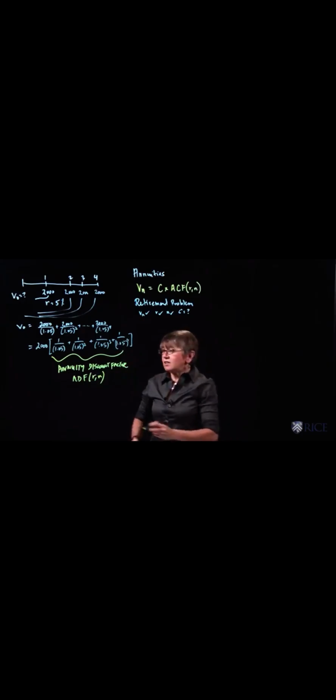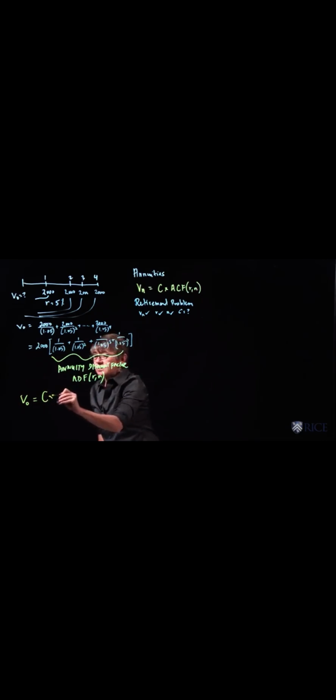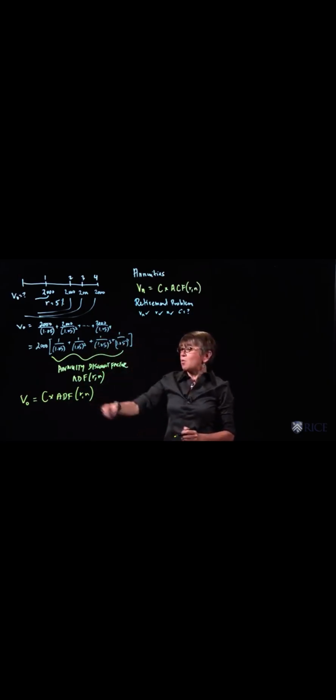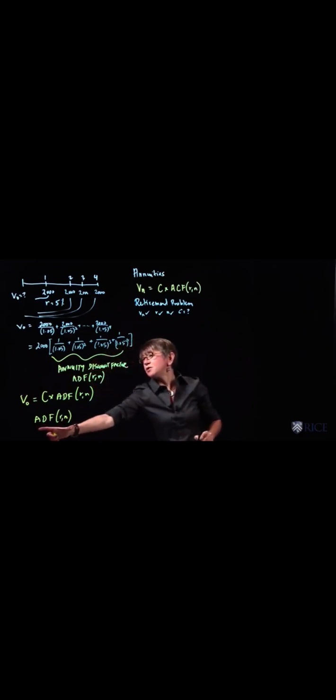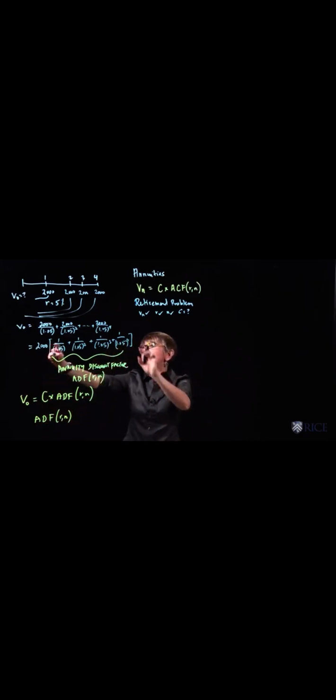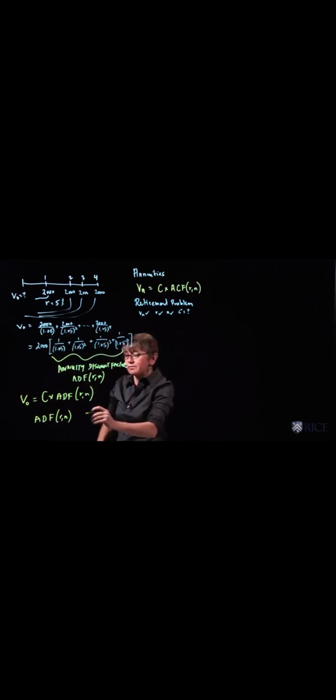So in general, the present value of an annuity where the equal payments are, let's say, $C, is going to be C times the annuity discount factor, where the interest rate is R and the number of periods is N. And what is this annuity discount factor? What it does is sum the individual discount factors for each payment together over however many periods.